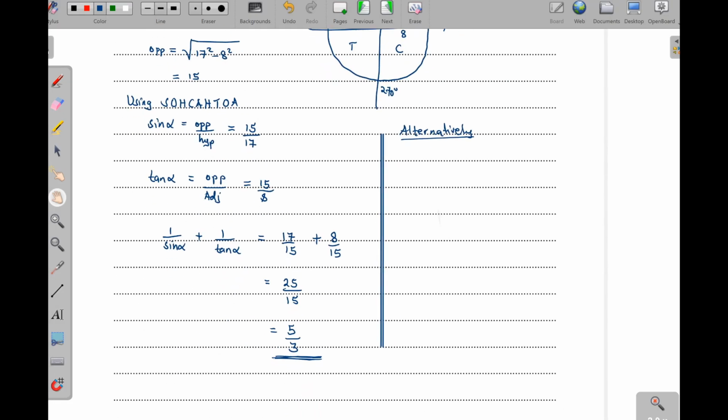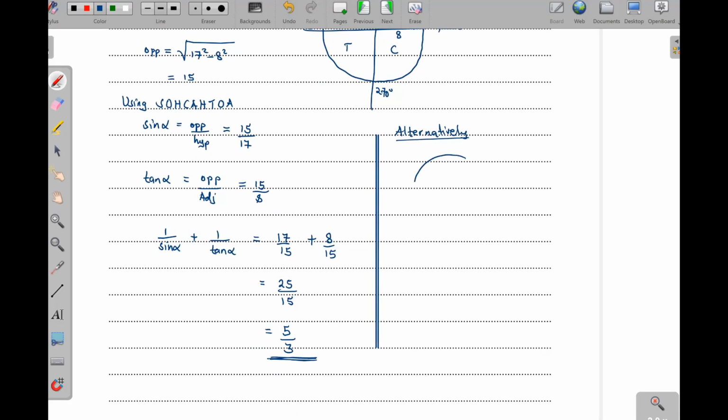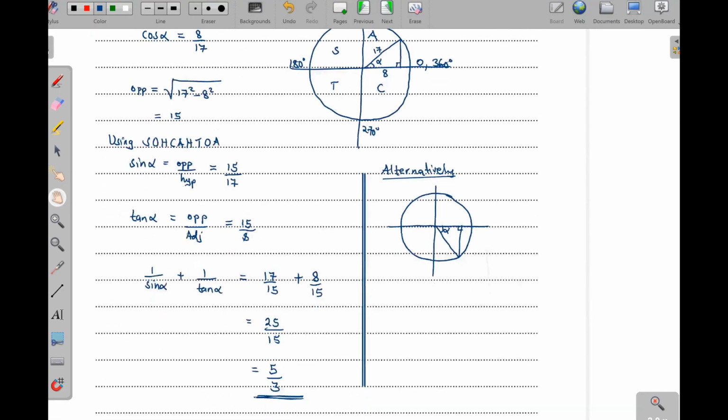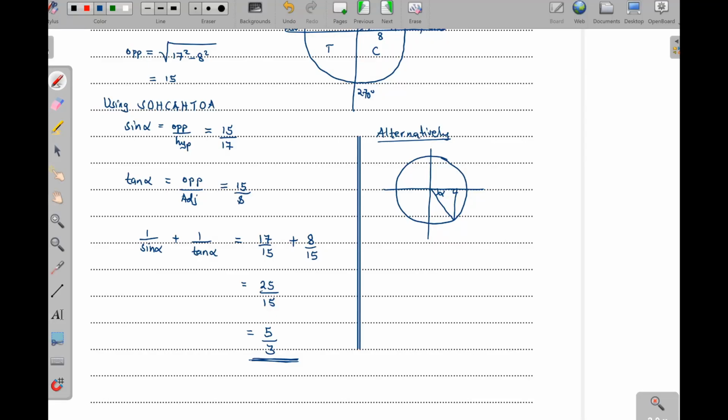Alternatively, we are going now to draw this circle here, but the triangle will be drawn in the fourth quadrant here. So this is our alpha, and then we have the adjacent. Cos is adjacent over hypotenuse, so adjacent is 8. Then hypotenuse here is 17. And we have seen that the opposite is 15.